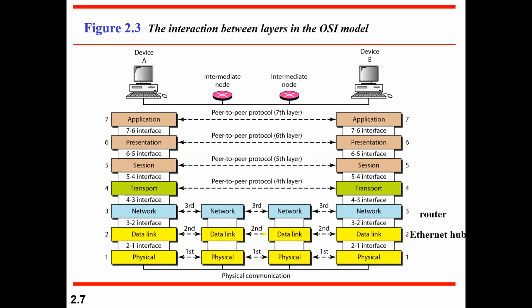Sometimes the network layer is not considered only hop to hop; it works as hop to hop as well as peer to peer. If you have a router as the intermediate node, then only the network layer behaves as hop to hop. If it is a switch or hub, then it is the data link layer.